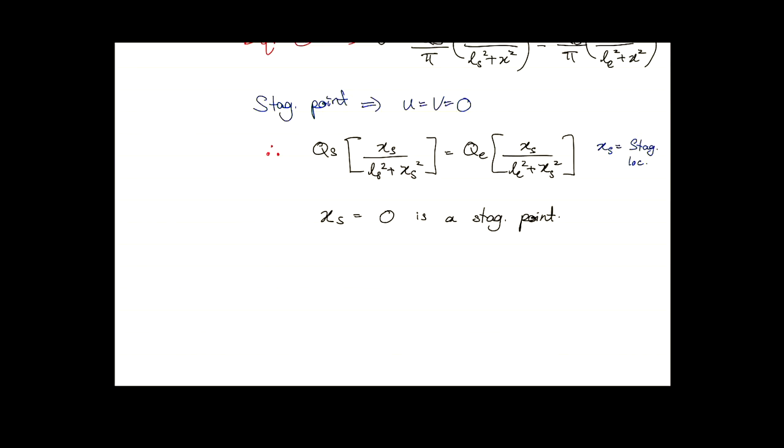So I'm going to get qe over qs times ls squared plus xs squared to be equal to le squared plus xs squared.